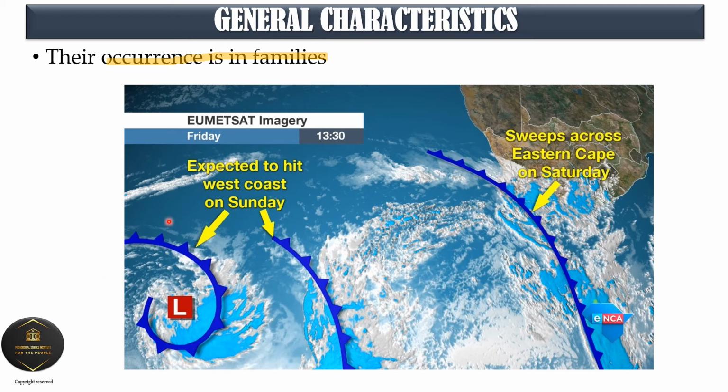The one that is further west is younger because it is yet to affect the west coast. So that's another characteristic of these systems. They occur in families. I hope you understand that.